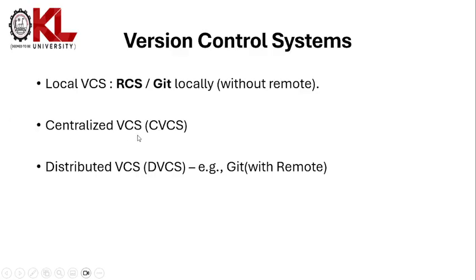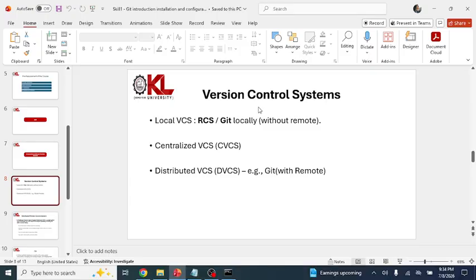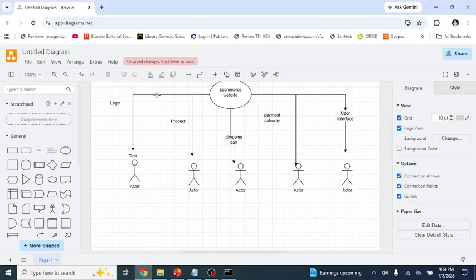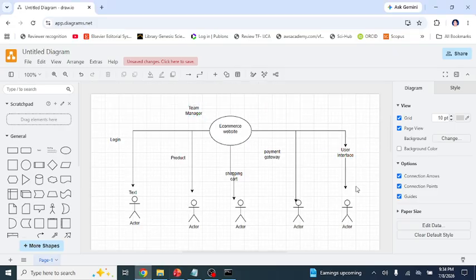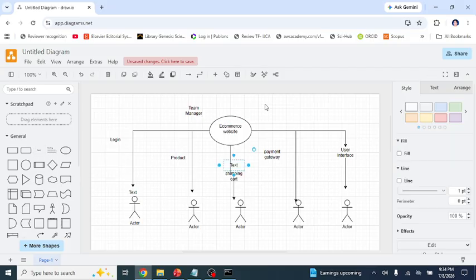Second one, centralized VCS. It is the second type of version control system. In this model, all the project files are stored in a central server. See here, this diagram is a best example of the centralized version control system.